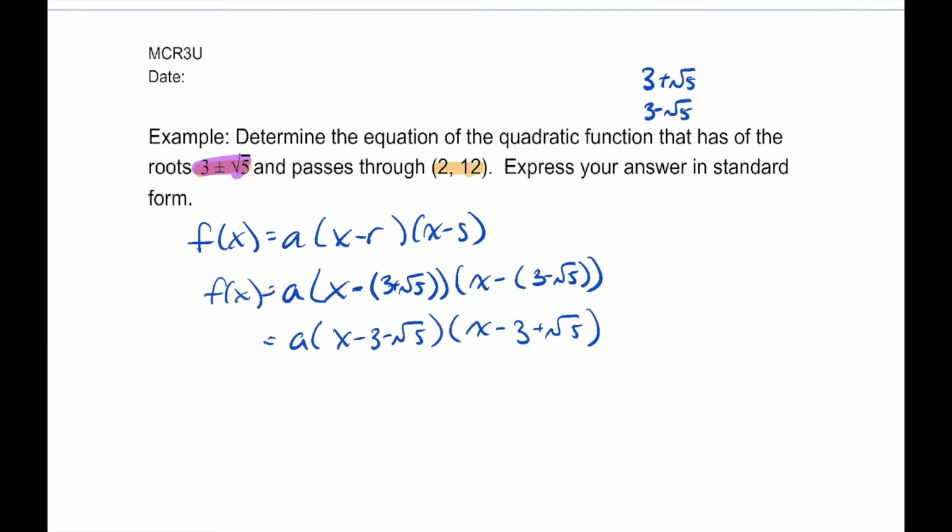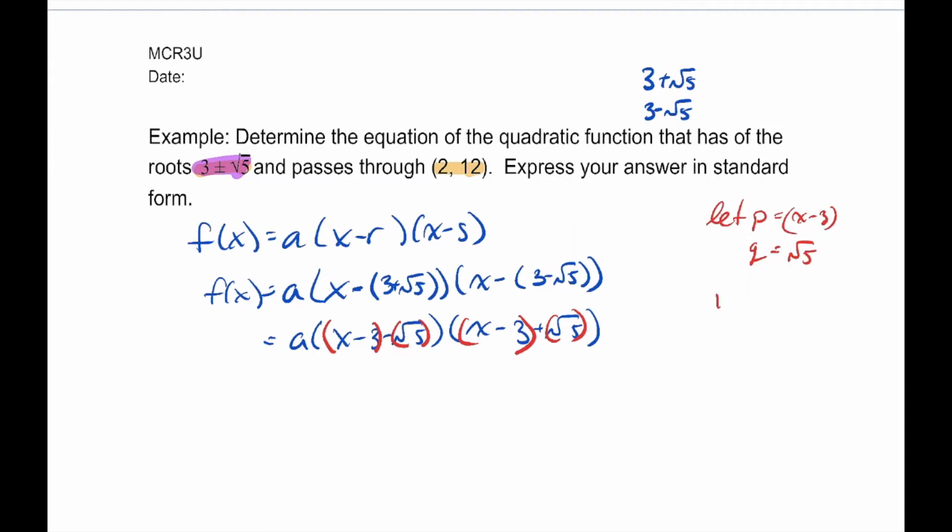What we're going to do is that now that this is written out, let's look at it from a different perspective. Here, I'm going to add a set of brackets around the x minus 3, and then a set of brackets around the root 5. So really, this looks like a difference of squares. If we let a equal x minus 3 and b equal root 5, or maybe a and b is not the best, because we have a in there, so let's do p's and q's instead.